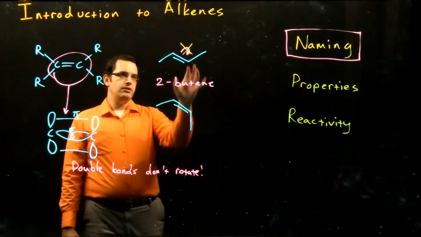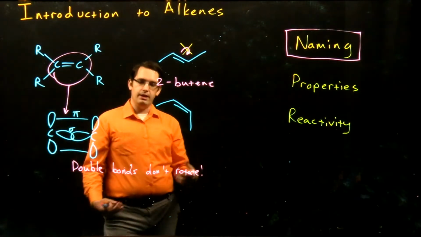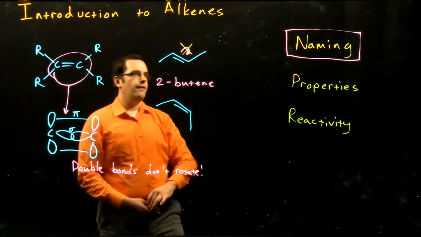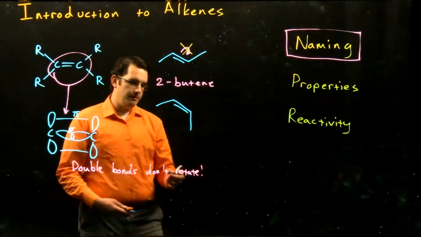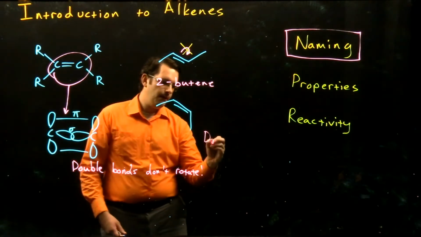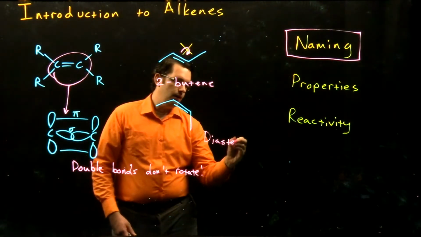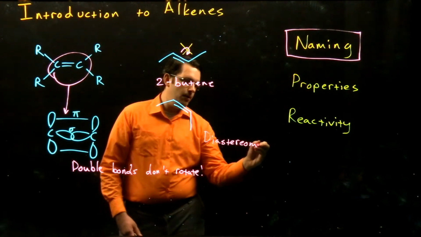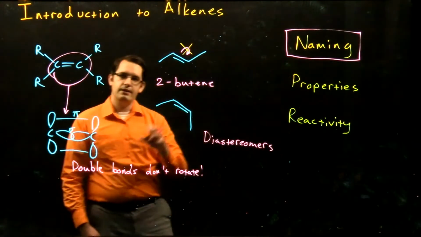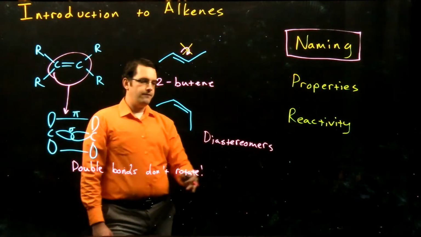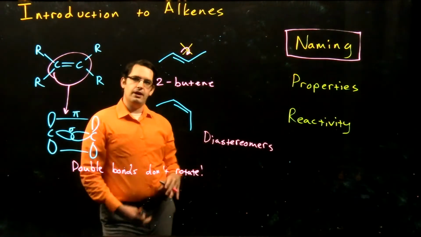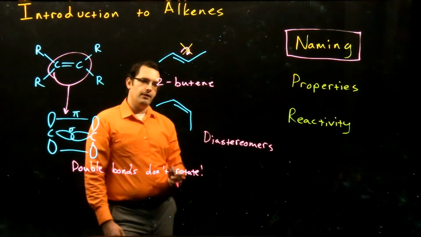So I have these 2 molecules that are in fact unique molecules. Again, they are diastereomers because although they have the same overall structures and connectivity of their atoms, they differ in terms of the spatial positioning of where my atoms are.